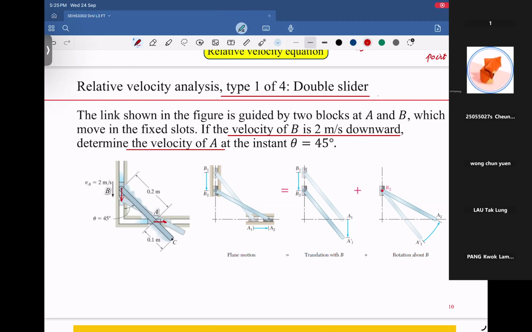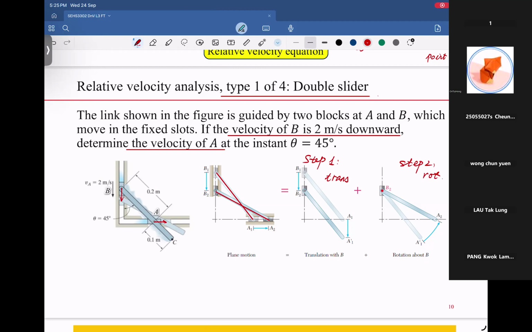The initial position is here, the terminal position is here. So from the initial position to the terminal position, it can be divided into step one, translation, and step two, rotation, right?